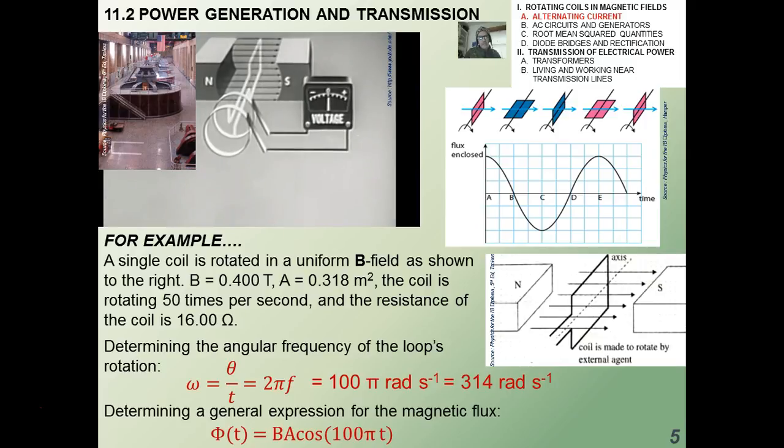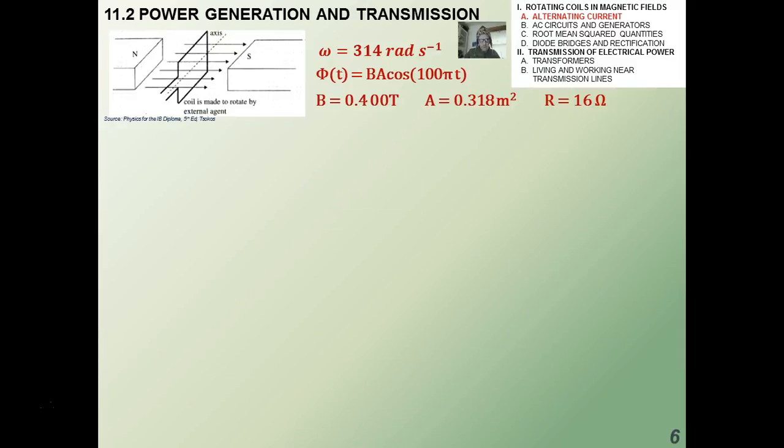So the general expression for the magnetic flux would then be, remember n is 1, phi of t equals B times A times the cosine of 100 pi t. That 100 pi t is my function theta of t. That's what I'm going to differentiate when I deal with the induced EMF, okay? Just to remind you, these are all the values that we just came up with, okay?